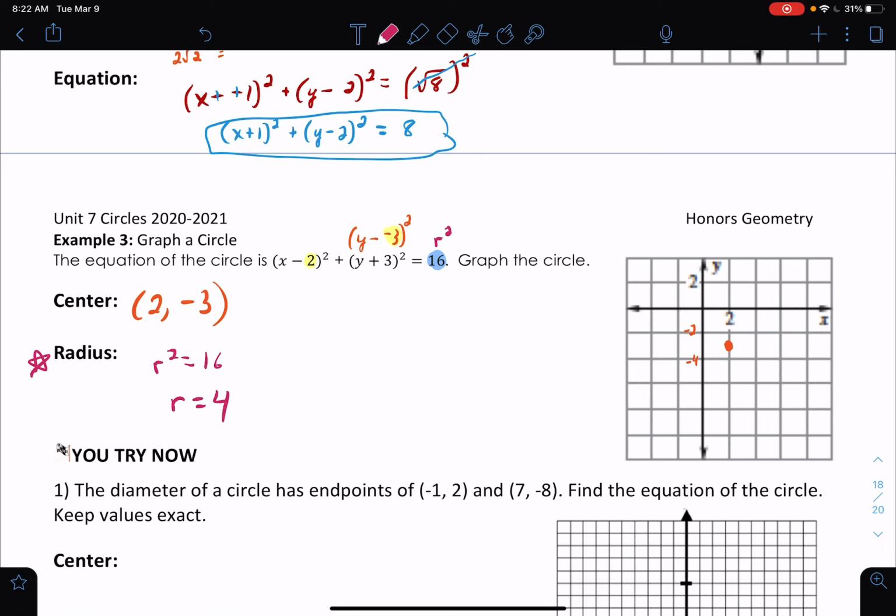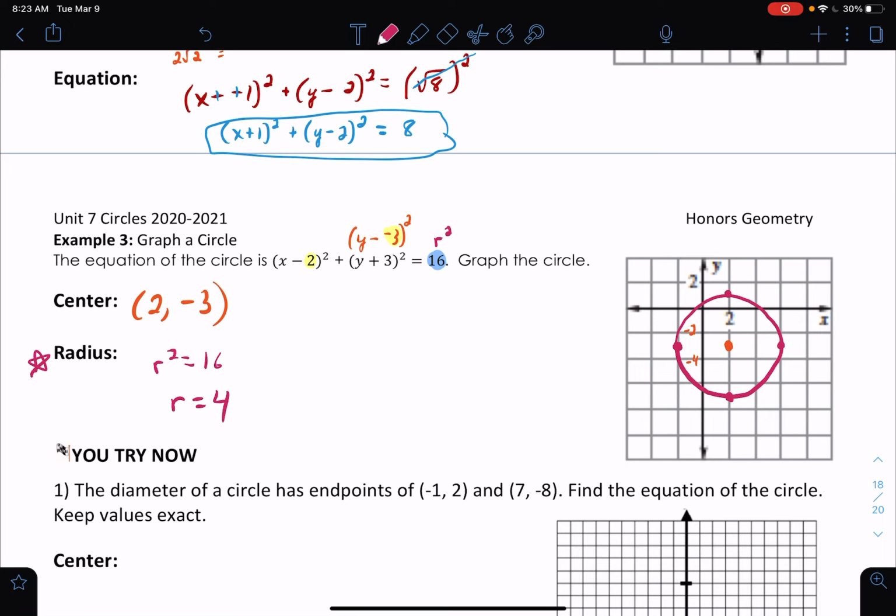So I go up 4, to the right 4, down 4, to the left 4. All right, so we get those 4 points, and then I just do my best, and I connect them in a nice, smooth, circular curve. And there we get the graph of this circle.